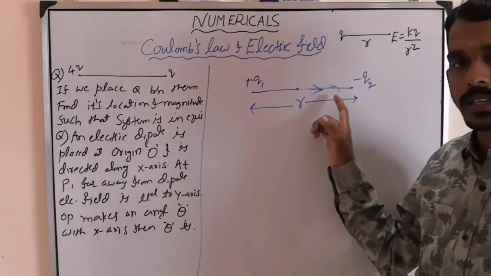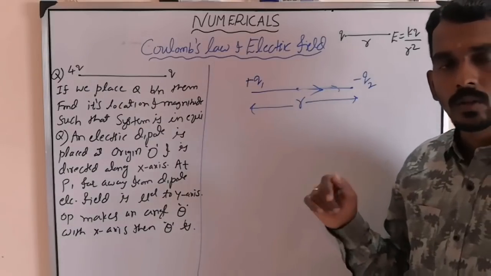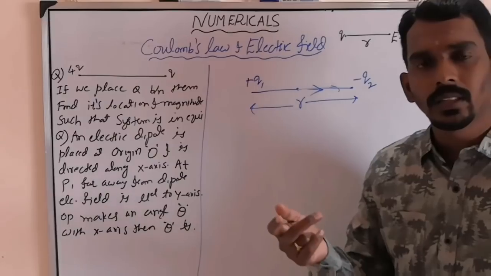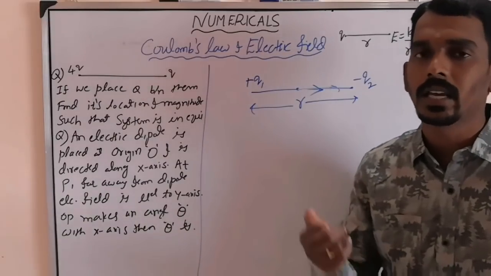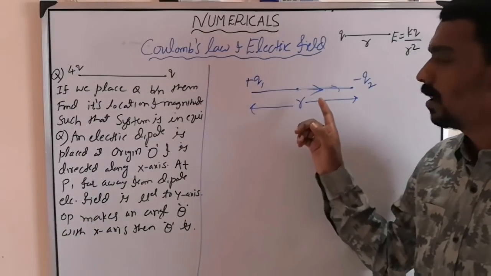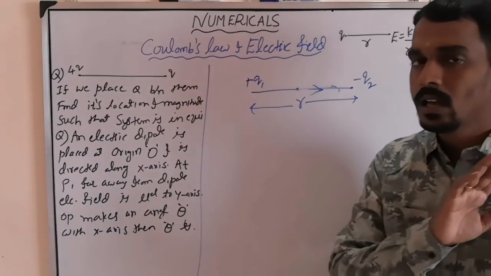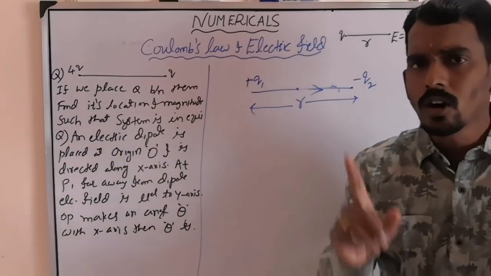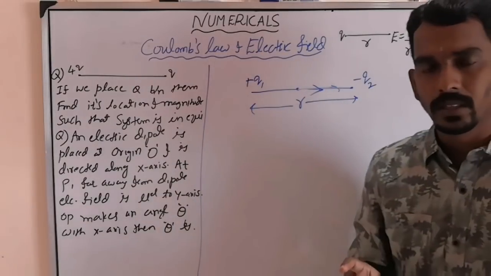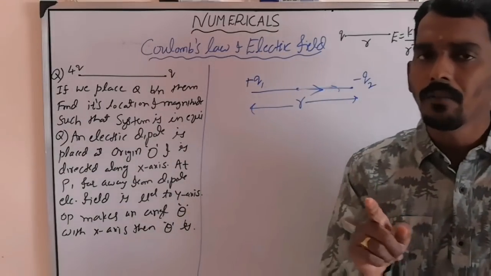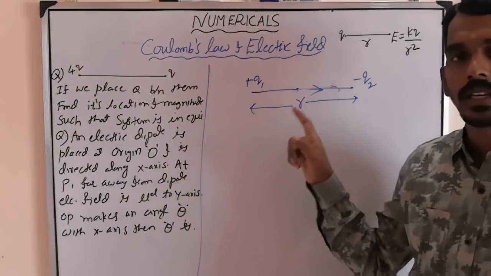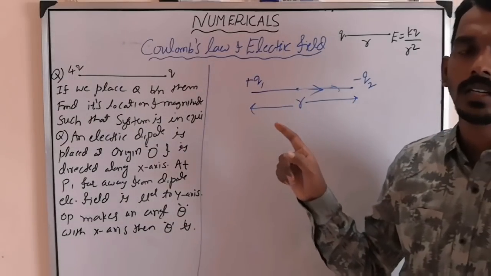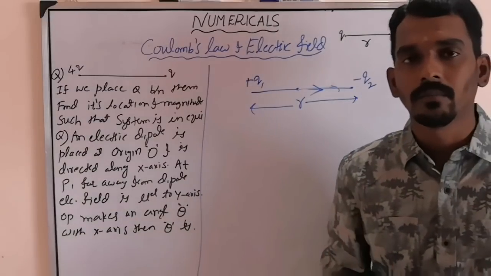They are collinear or parallel. When two vectors are parallel, the angle between them is 0, and the resultant is A plus B. Then there is no question of cancellation, no zero field between them, no null point between them, and no question of placing a third charge between them so that it is in equilibrium.